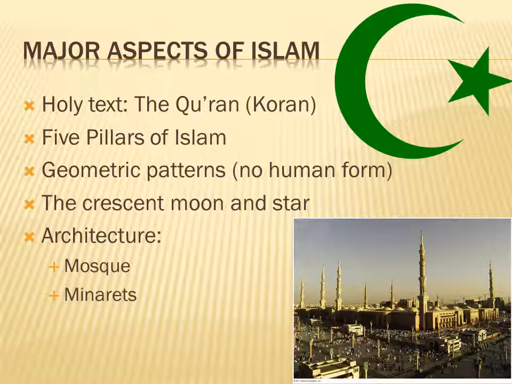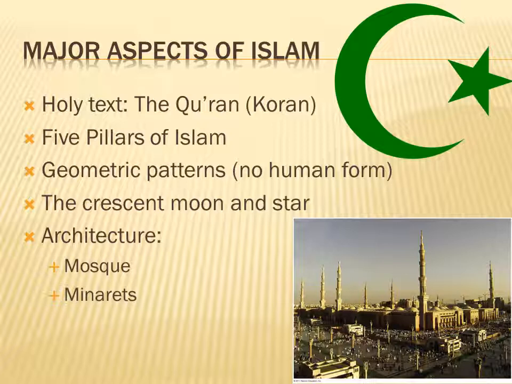Not every scholar, not every Muslim accepts this as a symbol for Islam, but you will see it used. So just be aware that if you see it, it might be depicting something that relates to Islam, but the absence of the crescent moon and star doesn't necessarily mean the absence of a Muslim population or Islam.